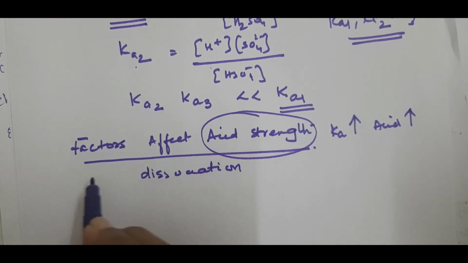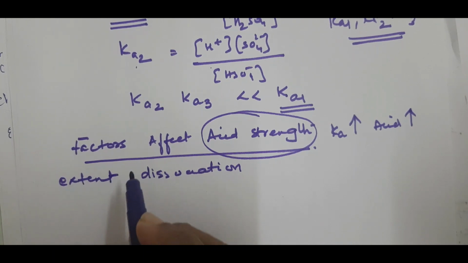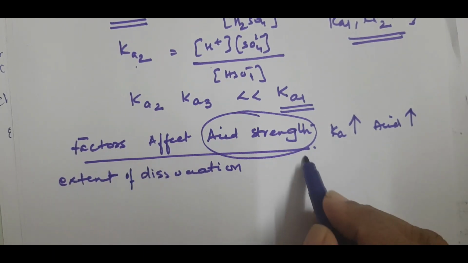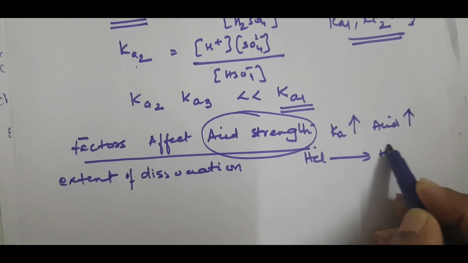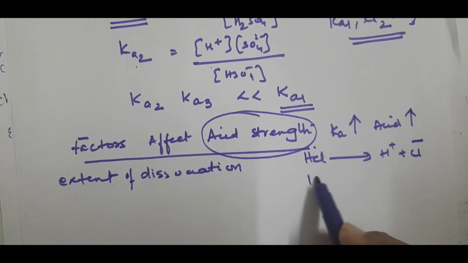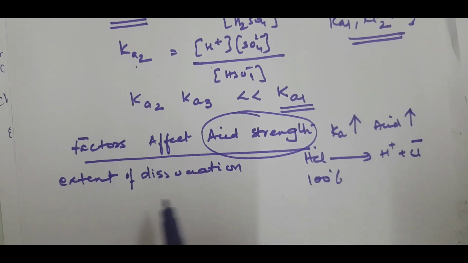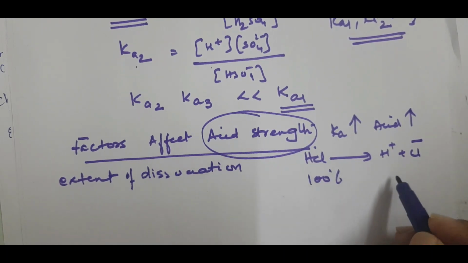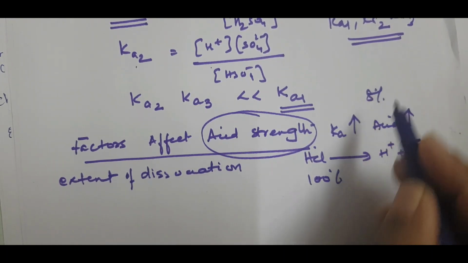How much it can dissociate into H+ and Cl-, for example HCl. If it is 100% dissociation, then you can say it is strong. If it is only 5% dissociation, you can say it is weak.